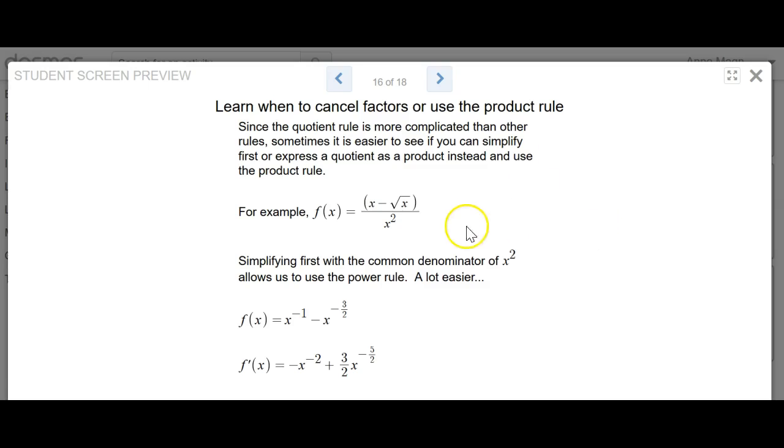In this example, notice you have a quotient, but since you have a common denominator, it's easier to just simplify using that common denominator and then differentiate term by term with just the power rule. So using the power rule, this is our derivative, and that's a little bit easier than having done the quotient rule.